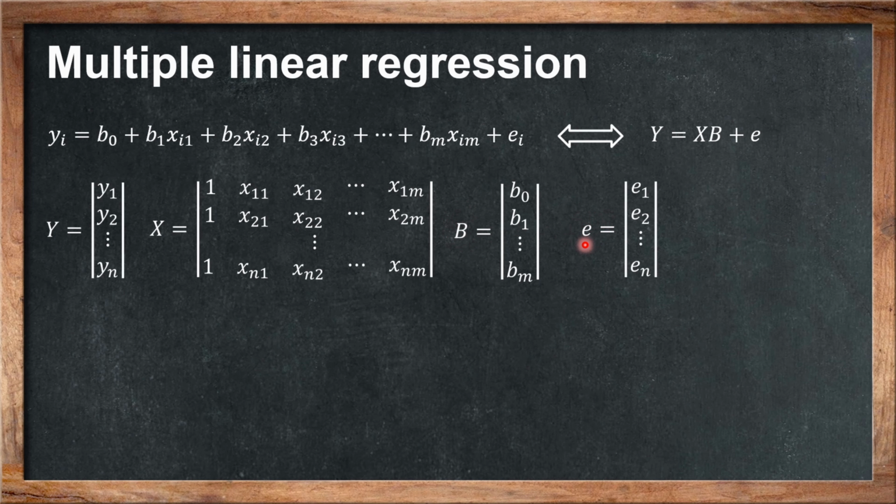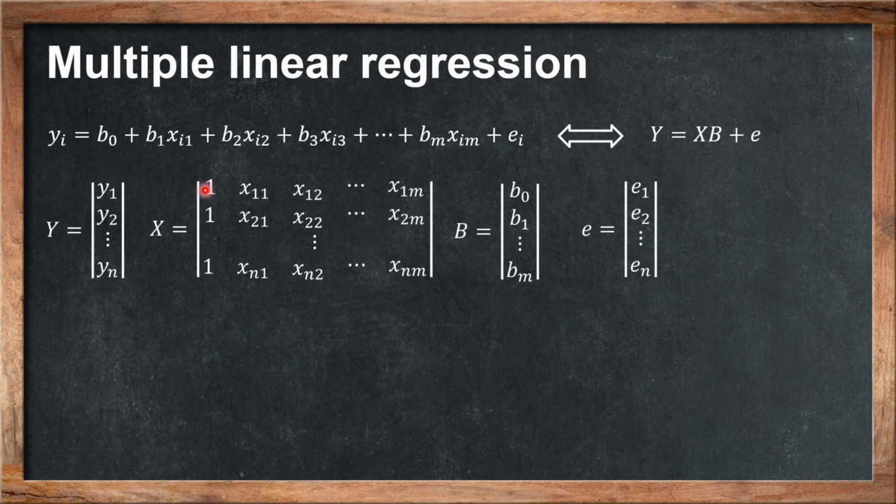Then, if we use this notation, this model can be written in a concise form like this: y equals Xb plus E. Indeed, take a look at this. If we model y sub 1, you see y sub 1 is the first element of this column, and it will be equal to this row multiplied by this column, the scalar product.